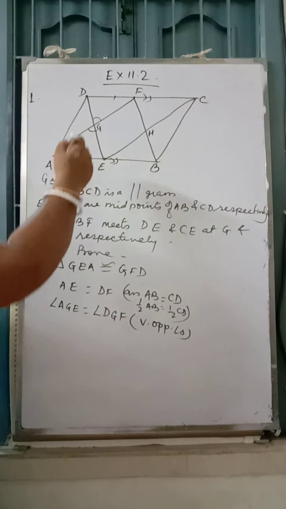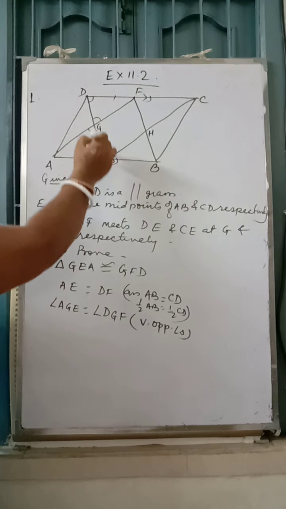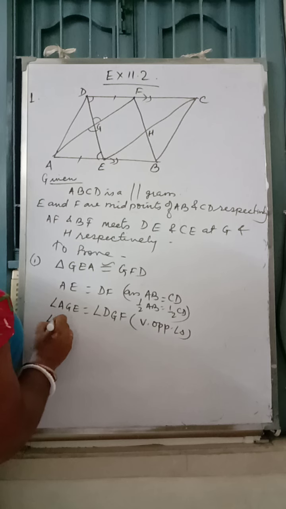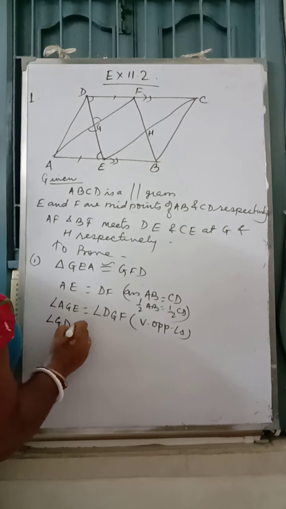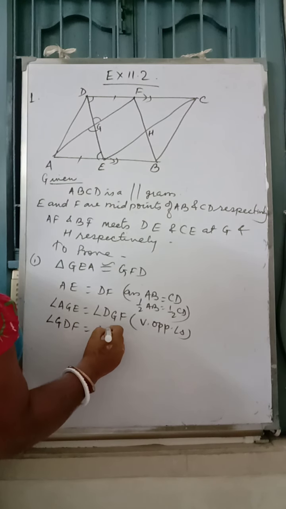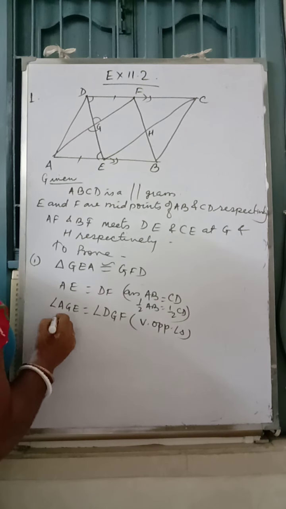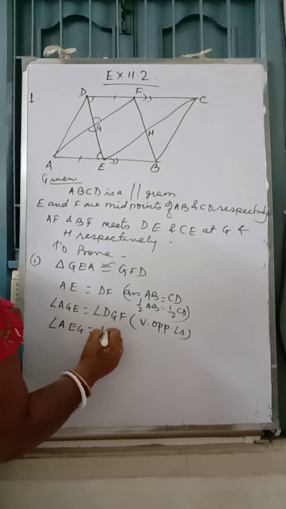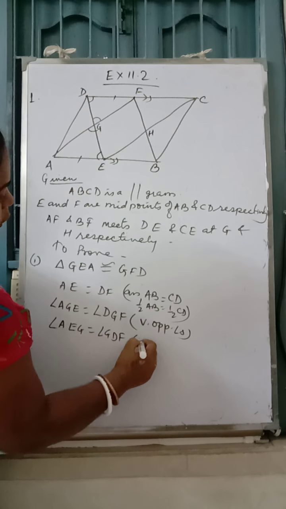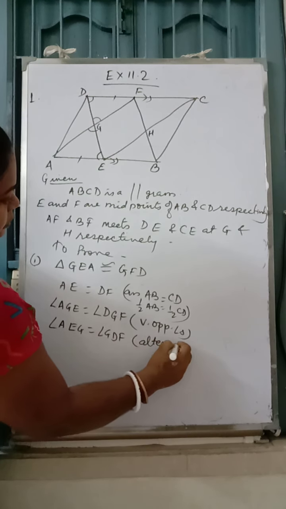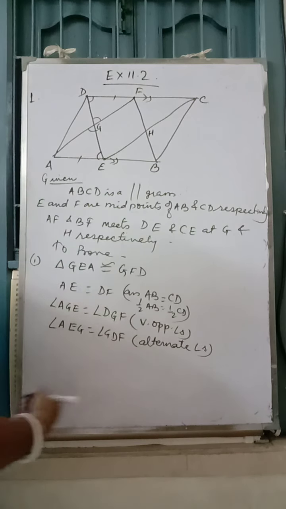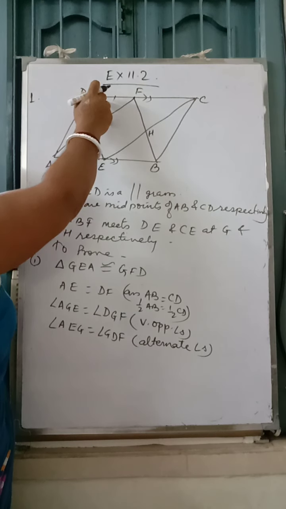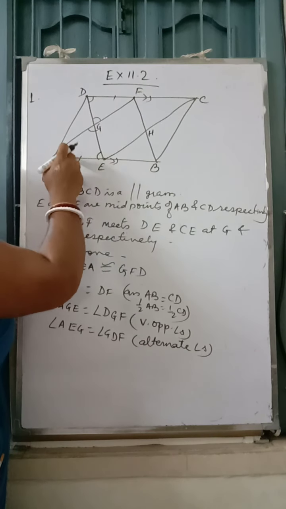Now we may write this angle is equal to this angle, alternate angles. I have written angle AEG is equal to angle GDF, alternate angles. So angle, opposite side, angle, opposite side.